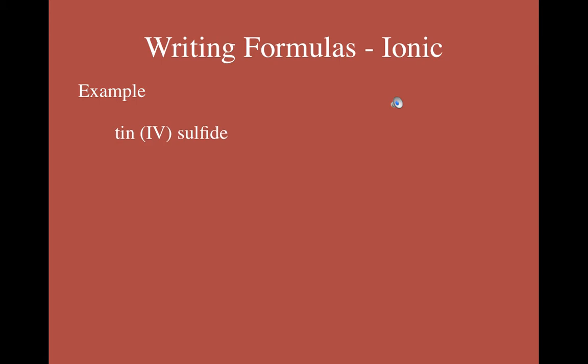Now we look at tin(IV) sulfide. IV means 4. So that means I'm not using the tin 2+, I'm using the 4+. So here's my Sn4+, because that was a 4, and that 4 is going to go down here.